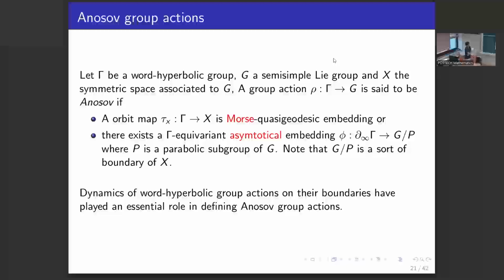But the asymptotic embedding is involved with the contracting and expanding property on the Anosov group action. Okay, so anyway, the word hyperbolic group action has dynamics on its boundary, which has played the essential role in defining the Anosov group action and explaining their stability.